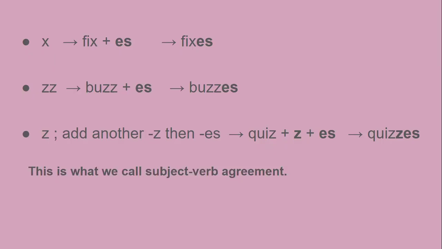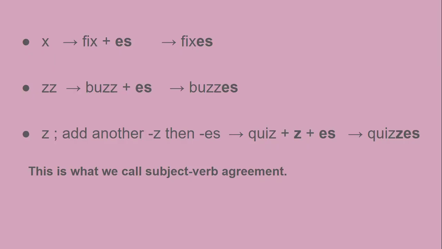So the rule that we just discussed now is what we call subject-verb agreement. It means the subject and the verb are in agreement. So this is the first rule of the subject-verb agreement, whereby we add es at the end of our verbs for subjects he, she, it in the simple present tense.